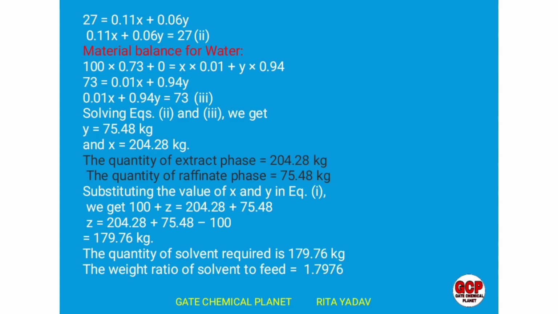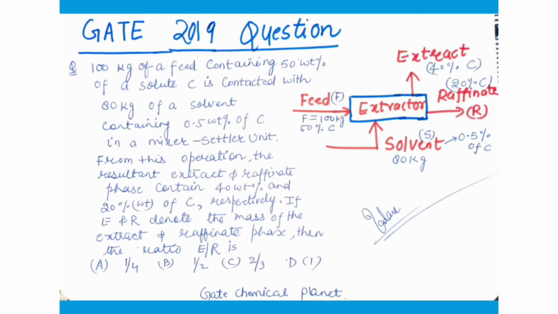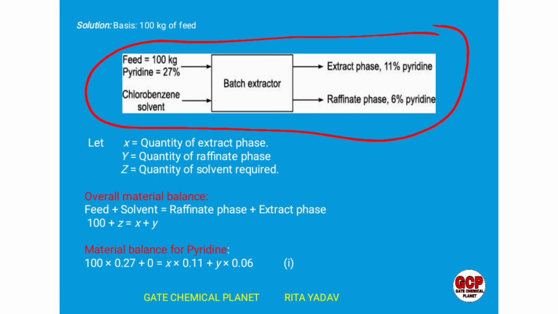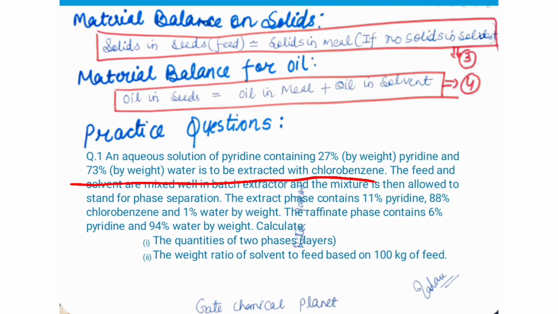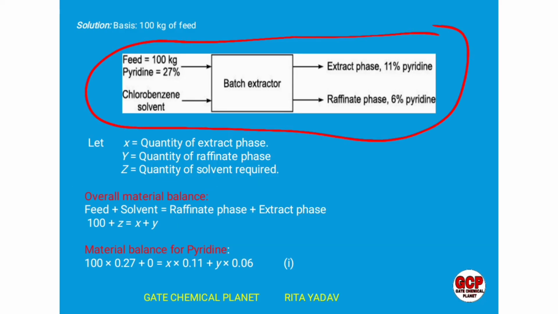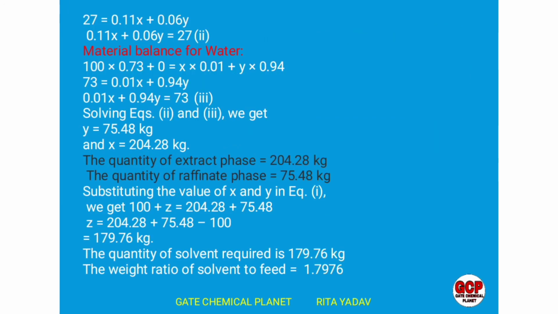The extract phase contains 11% pyridine, 88% chlorobenzene and 1% water by weight. So 1% water is present in the extract phase.